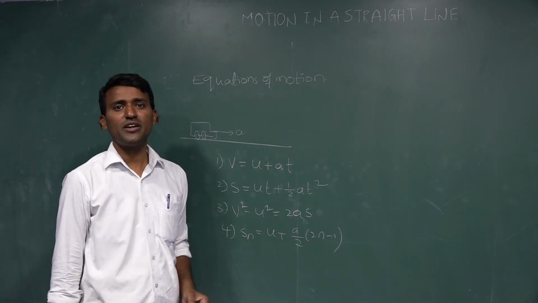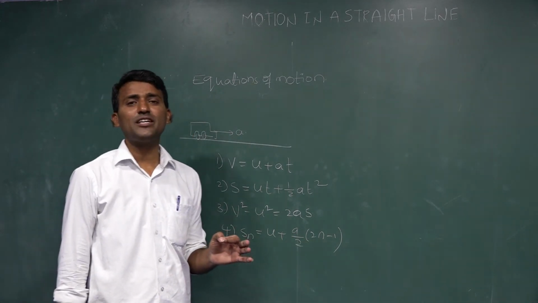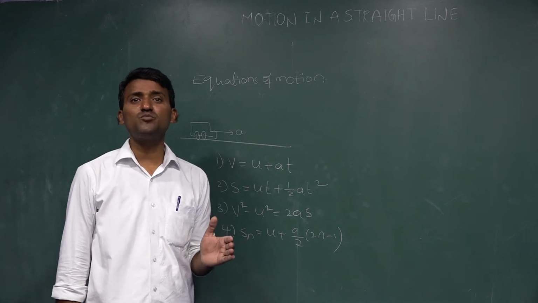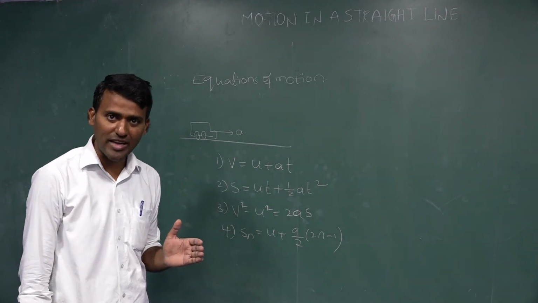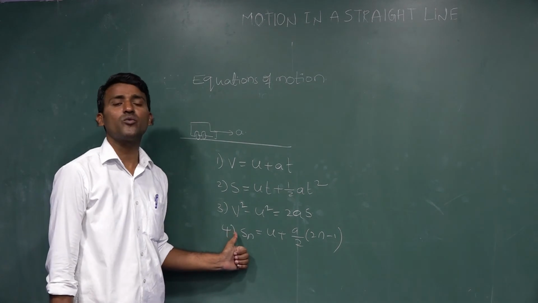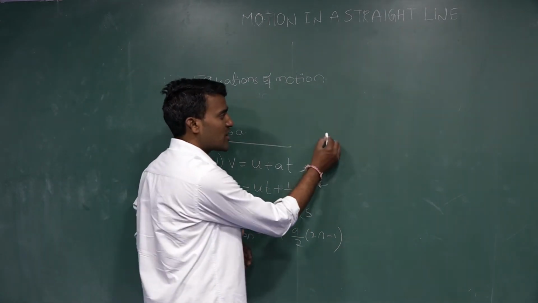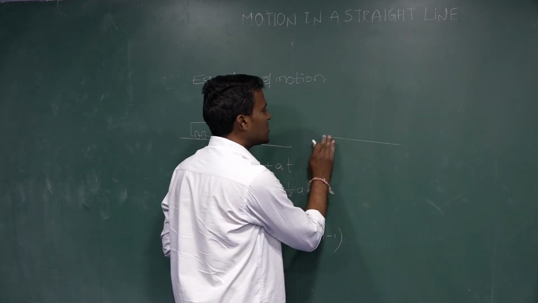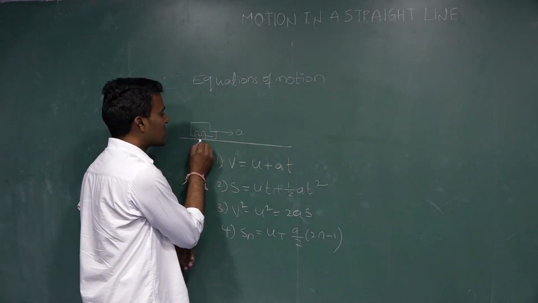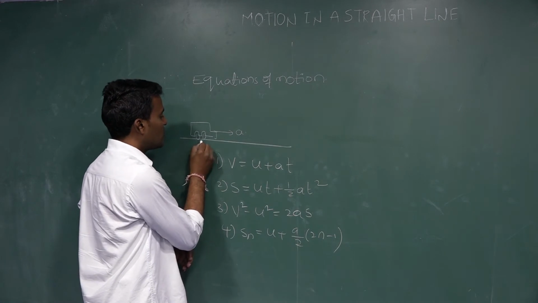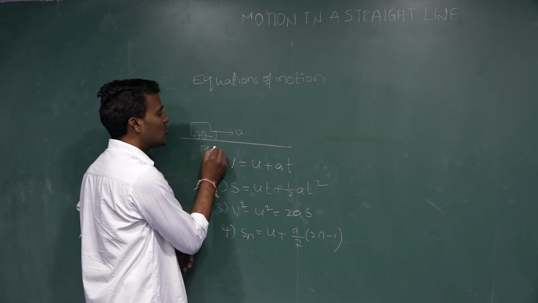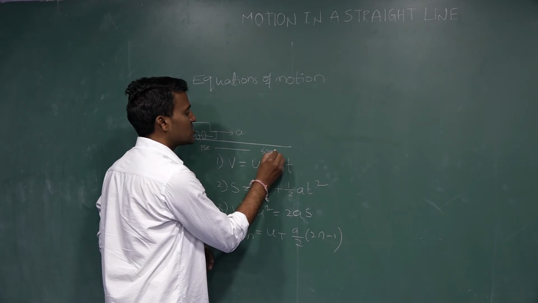Here n is nothing but a particular time interval. If you want to calculate the displacement of the particle in the nth second, we can use the fourth equation of motion. For example, for your understanding, one object is traveling from 1 second to 6 seconds.